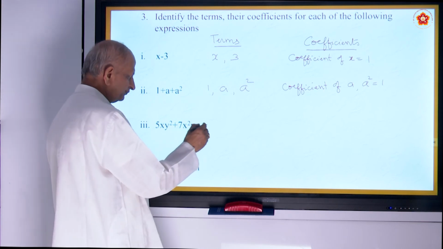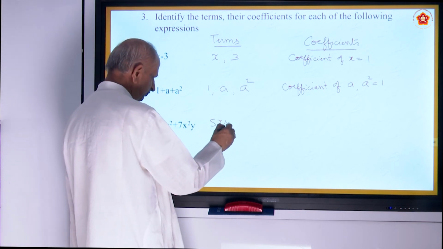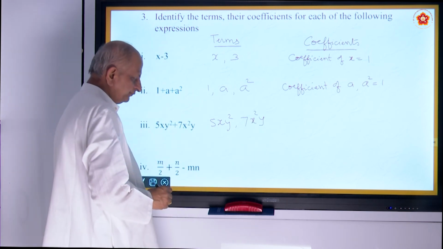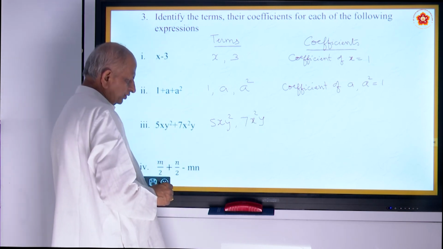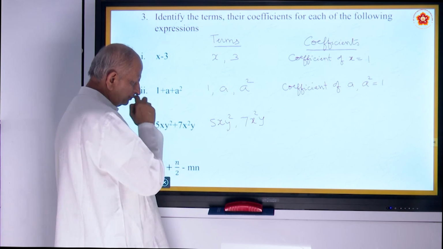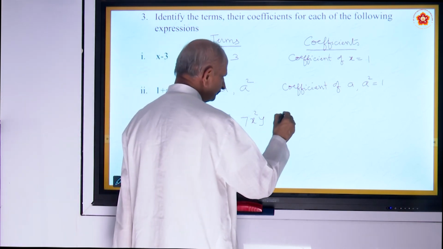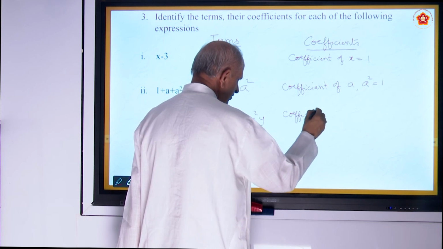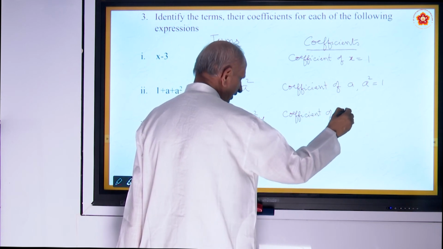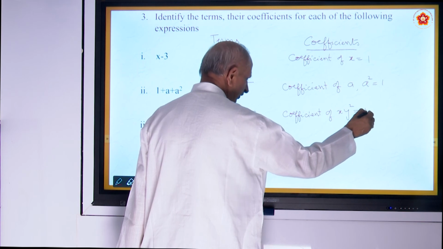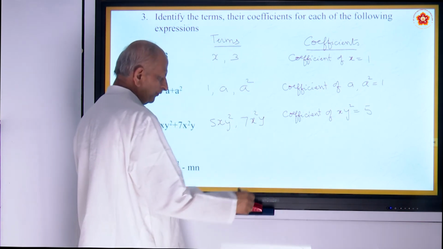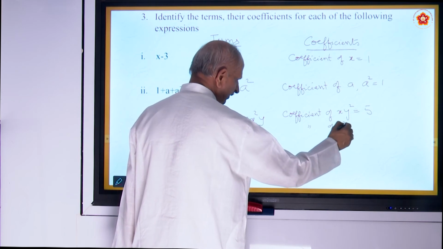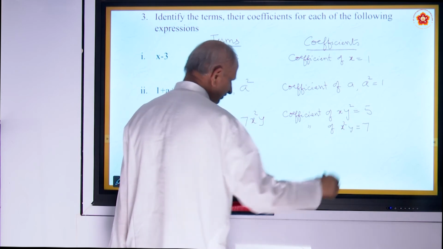Here what are the terms? Terms are 5xy square, 7x squared y. Correct? So here coefficient of xy squared is 5. It is called numerical coefficient. Similarly, coefficient of x squared y is 7.